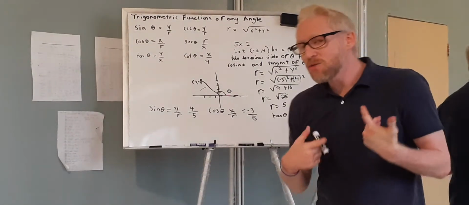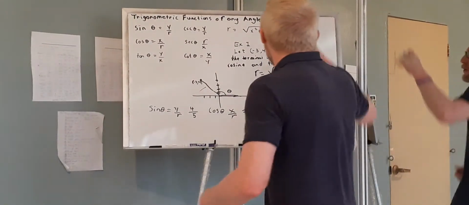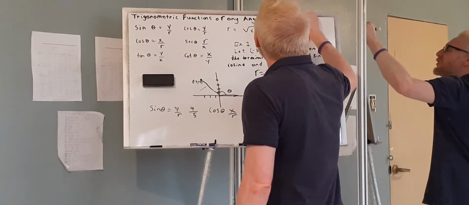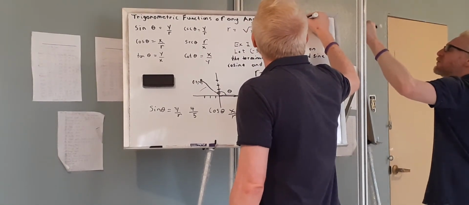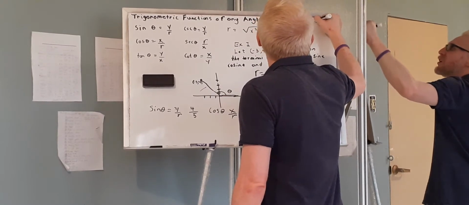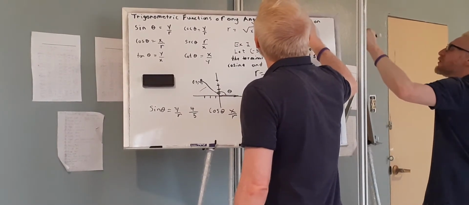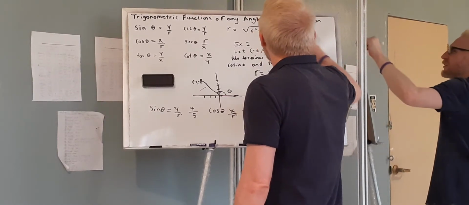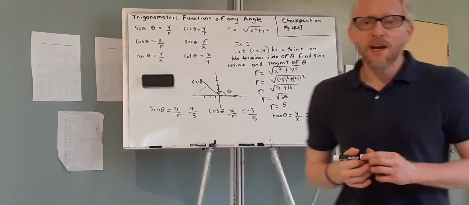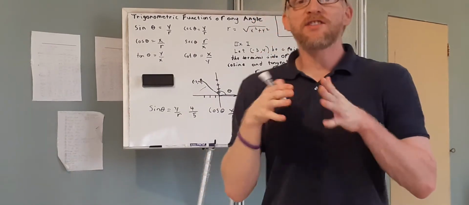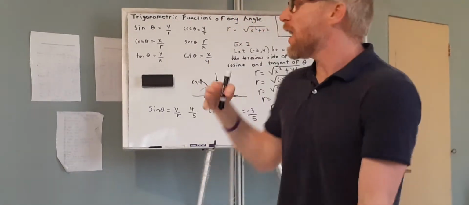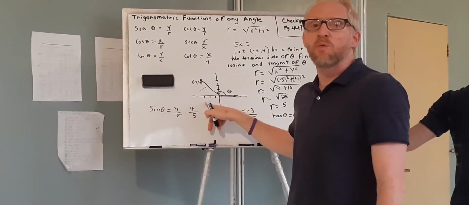Now, what are you going to do now? You're going to answer the checkpoint on page 447. Now, guys, in order for you to answer the checkpoint on page 447, you actually have to use the figure that is given to you for example 1.